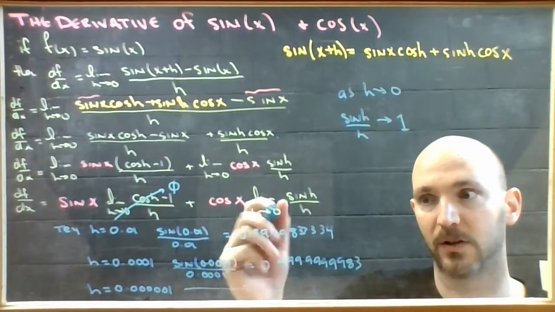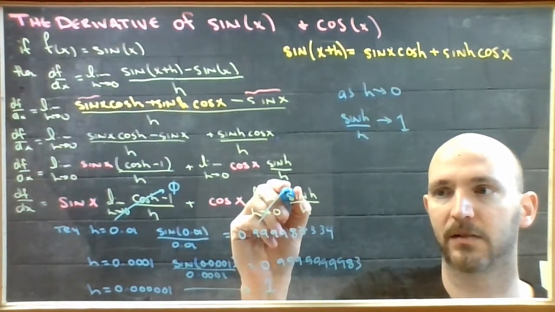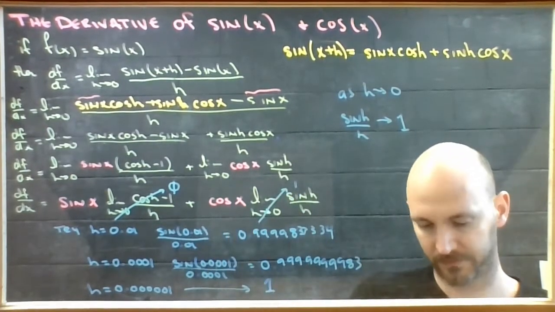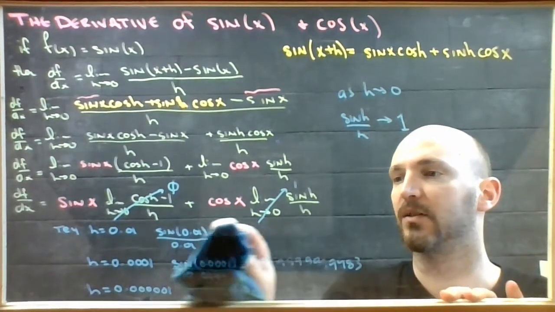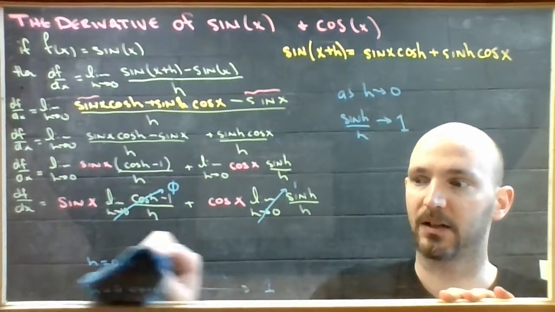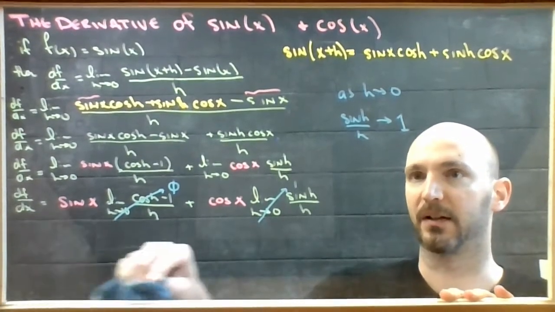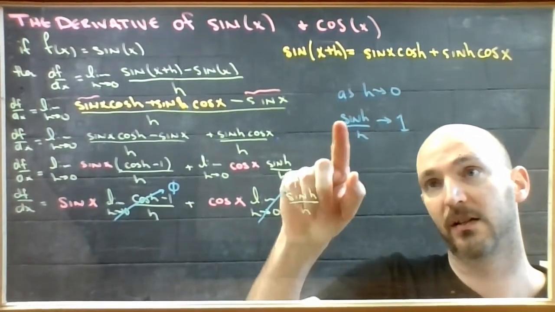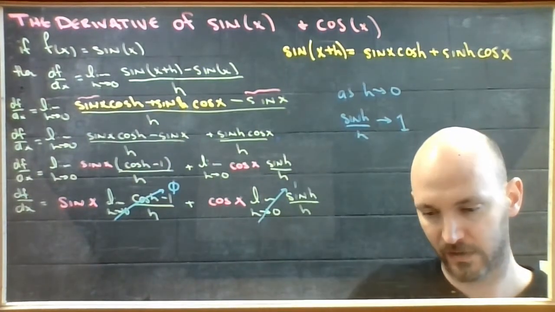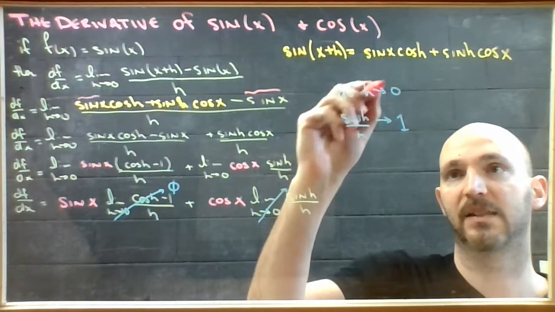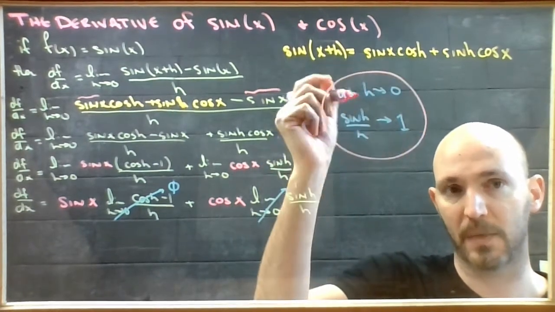So I'm just going to make note of this here. This thing goes to 1. I'm going to erase this little mess because I need to do a bit more work, but I'd like you to take note of what I just wrote down. The limit as h goes to 0 of sine h over h is called the fundamental trigonometric limit.